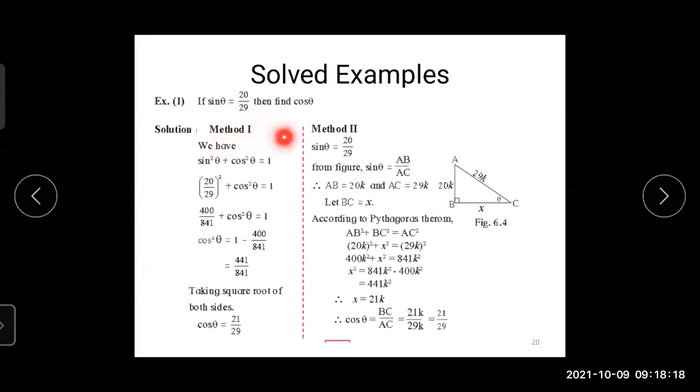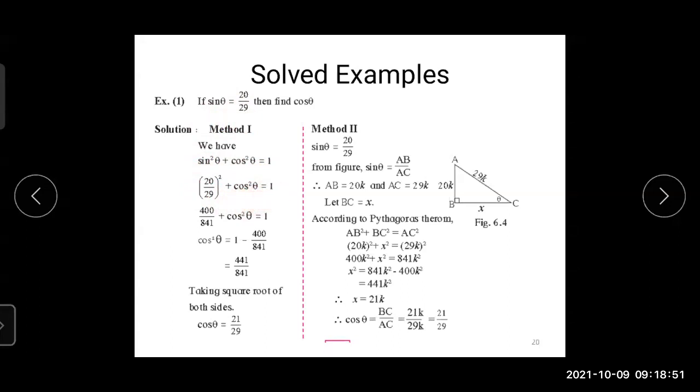There are two methods of solving this. In the first method, we have sine square theta plus cos square theta is equal to 1. The ratio is already given, sine theta is equal to 20 upon 29. So 20 upon 29 square plus cos square theta is equal to 1.